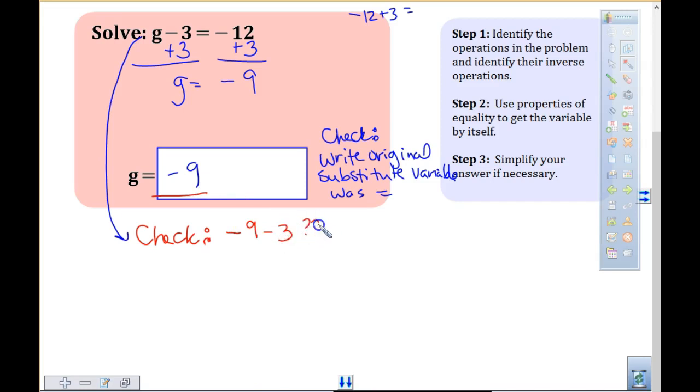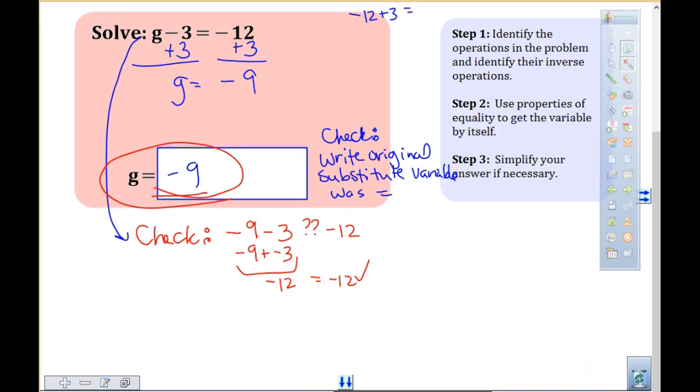And then we put these question marks because we don't know yet if it is equal to negative 12. And for some of you, you might want to think of this as negative 9 and subtraction as plus a negative 3, but is that equal to negative 12? So negative 12 equals negative 12, and it checks. The answer was G equals negative 9. Okay? That's what my check might look like.